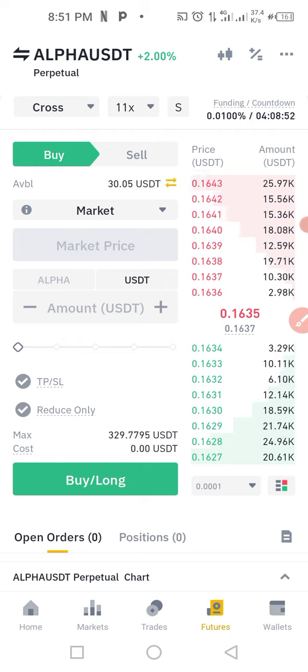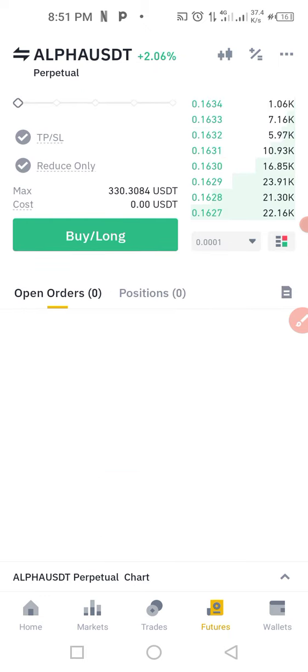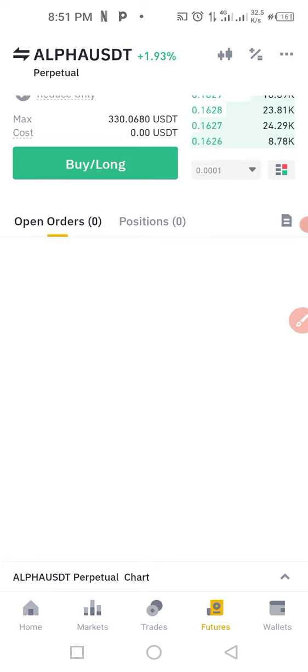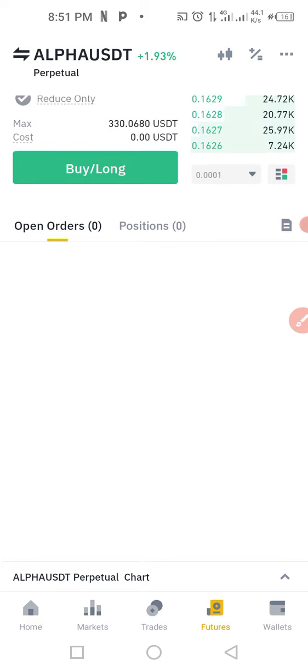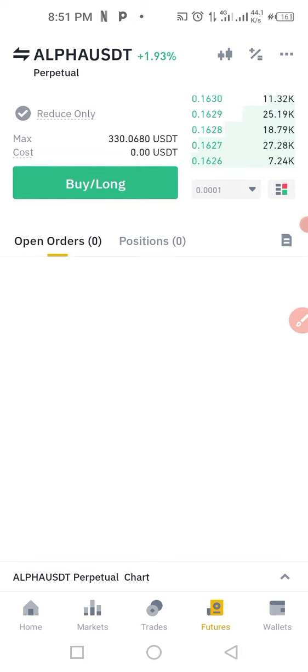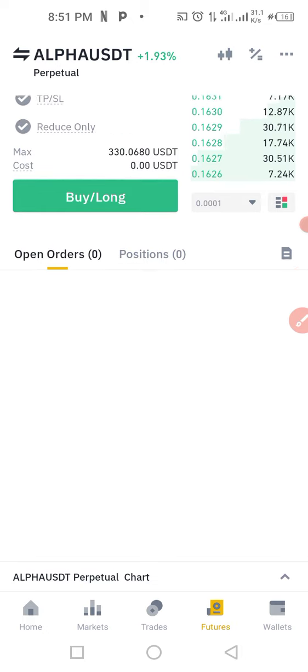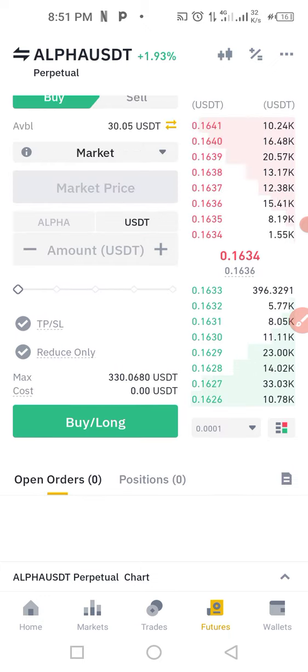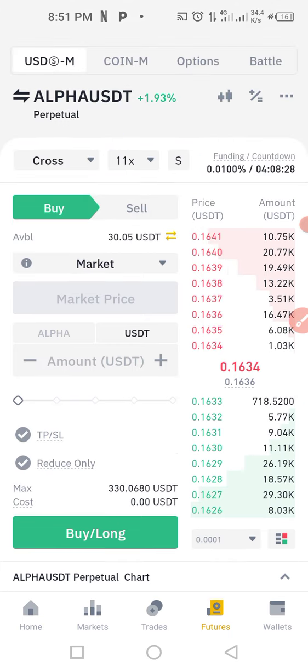Immediately you set up your trade, you will see it in this open order section. Once the trade is activated, it will move to the position. So my next video will be on how to set your position when your trade is live. That's how to set up your take profit and stop loss.